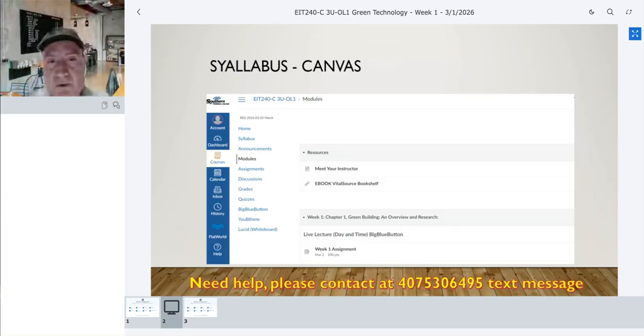In the modules, you see different information like Resources, Week 1, Week 2, Week 3, Week 4. In Resources, you find more information about myself when you click Meet Your Instructor. And you can also find the ebook. When you click the ebook, please enroll and follow the instructions. Finally, you have the option to go to the ebook and read the chapter that we're supposed to read and answer the questions.